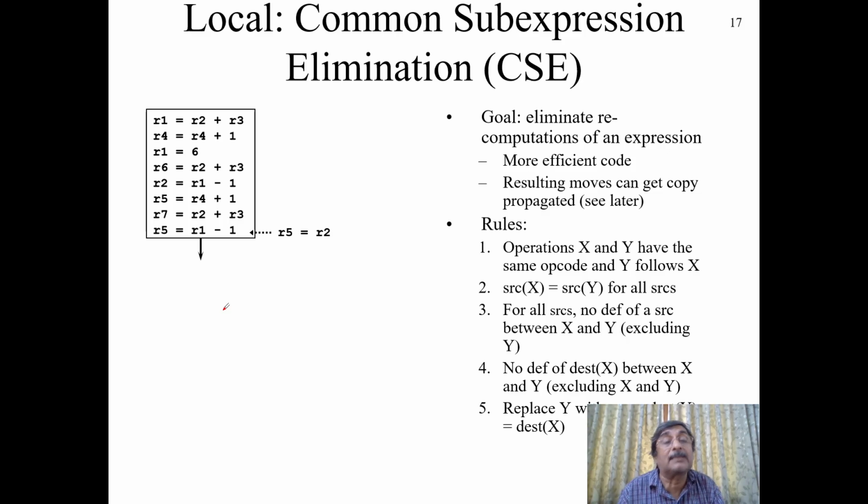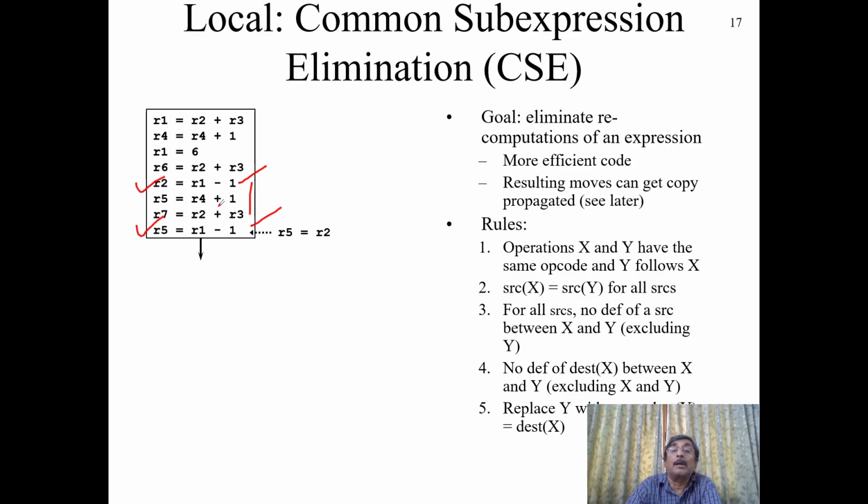This is the simplest to understand. After all, you see R5 is R1 minus 1 and R2 is also R1 minus 1, and in between from here to here R2 has not been redefined. So I can simply say R5 equal to R2, and I need not do the same expression evaluation which I have done already, right? So this is my operation X, this is my operation Y. Now the sources of X and Y are the same, R1 and 1, R1 and 1.